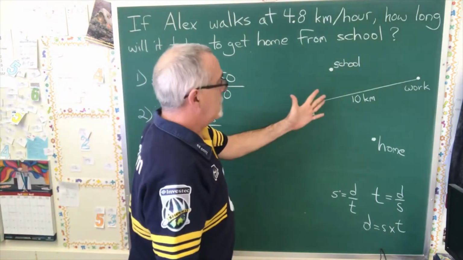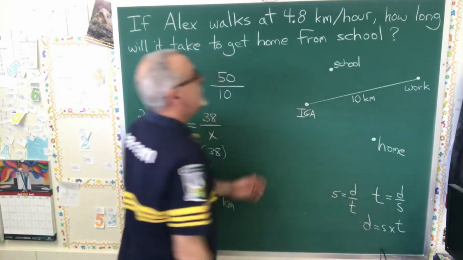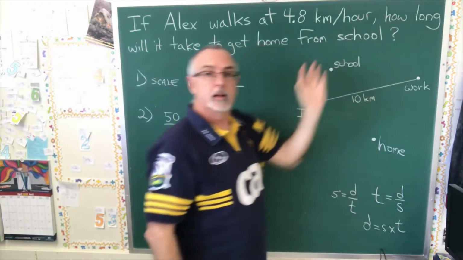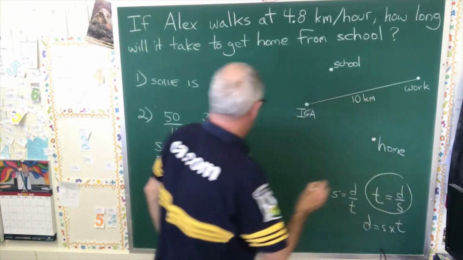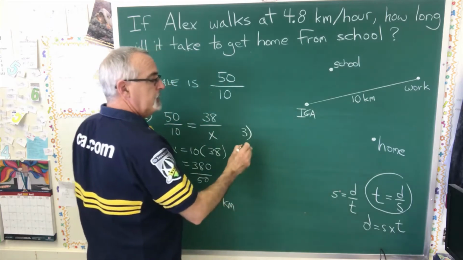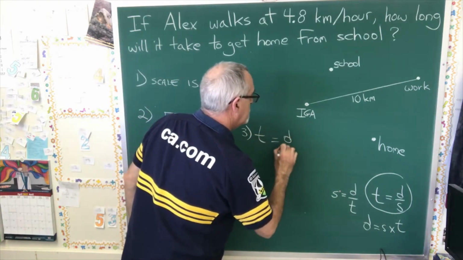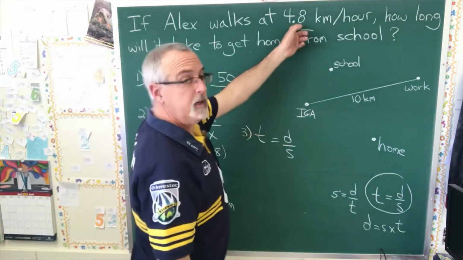Now we know enough information to use one of these formulas. And since the time is what we're being asked for, we want to use this formula. So my step 3 is to take the time equals distance over speed version of that formula and plug in the distance and the speed.